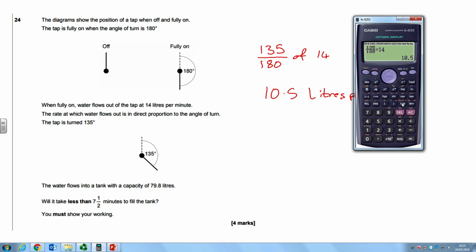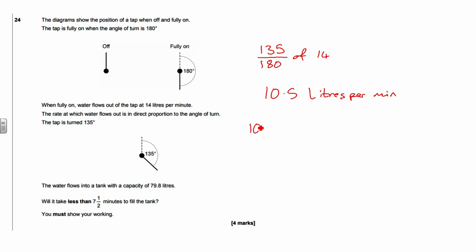So if it's doing 10.5 litres every minute, if we times that by 7.5 minutes, that tells us we'll fill 78.75 litres. Will it take less than 7.5 minutes? It needs to get to 79.8 in 7.5 minutes. No, slightly longer.